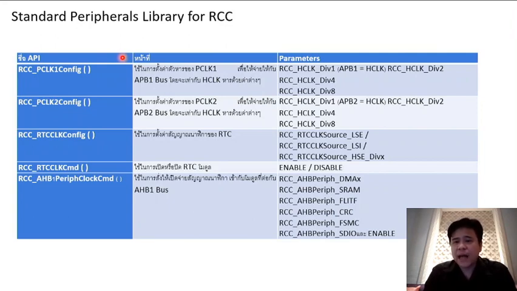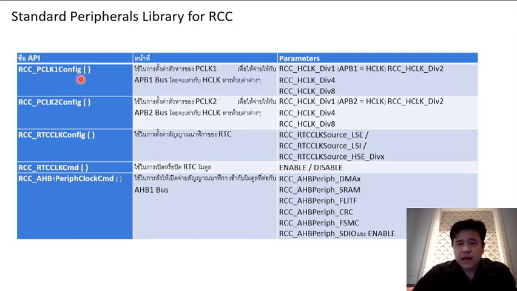Most of the time we just use APB2 as fast as the AHB bus, but for APB1 we have to divide, right? Because the maximum speed is just 36 megahertz. Then we can select RCC HCLK div 2, or divide by 2, as a parameter in these functions. Then voila, you will have the APB1 bus at 36 megahertz if your system clock is 72 megahertz.